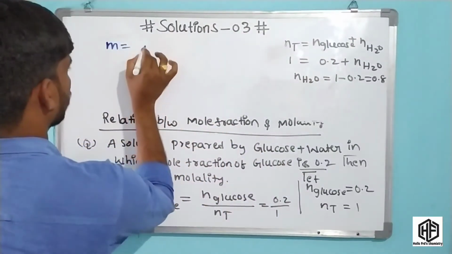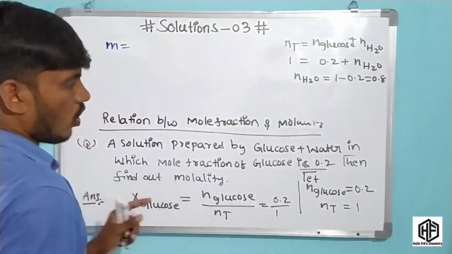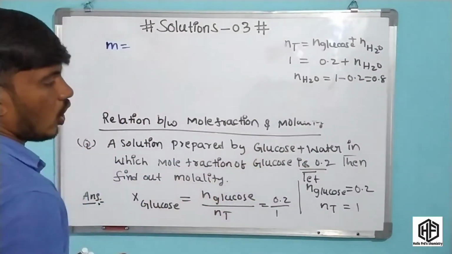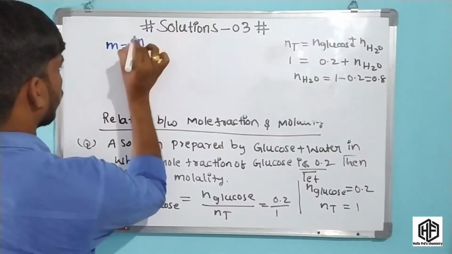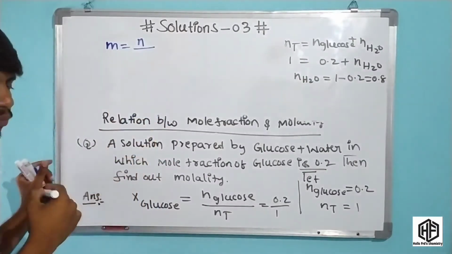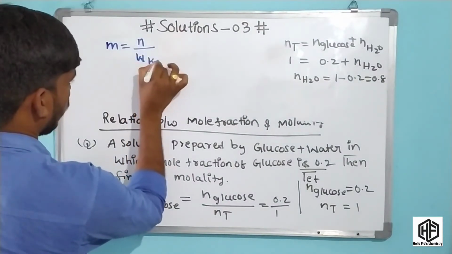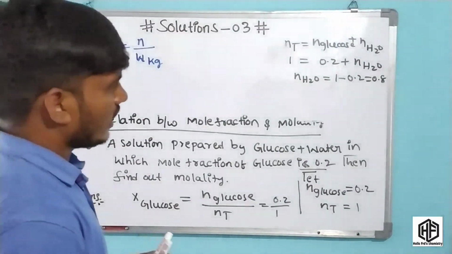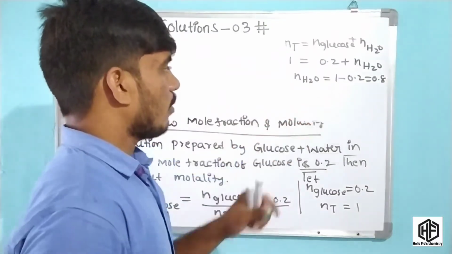In this example, glucose plus water, glucose is a small amount and water is a large amount. Water is called the solvent and glucose is called the solute. So m is equal to the number of moles of solute per kg weight of solvent, that is, capital W in kg. In this case H2O is the solvent, and its number of moles is 0.8.